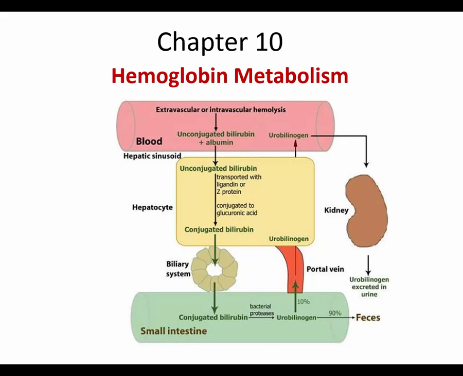So macrophages have to get rid of this protoporphyrin, the heme without the iron. They're going to process it because protoporphyrin is not a very pleasant molecule to have in your system. You have to process it. Macrophages are able to process this into what we call bilirubin.